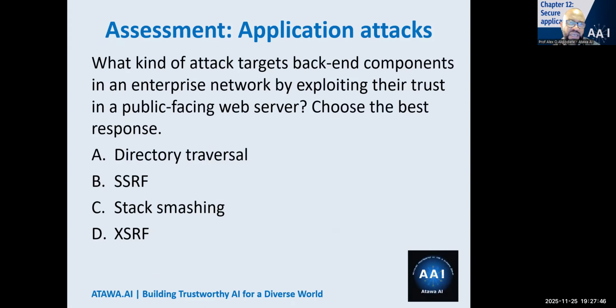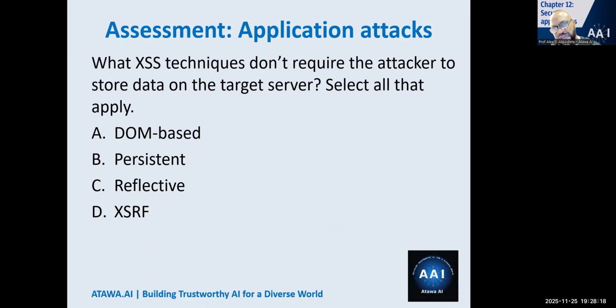And because it's now on the enterprise network, I'm thinking about, and we didn't talk about stack smashing, and I'm not talking about going outside of the folder hierarchy, right? So it's easy to eliminate A and C. Now you're left with B and D. Because I am talking about server side, then it becomes SSRF. That's one good way to tell. You're going to be more confused if I put XSS there, right?